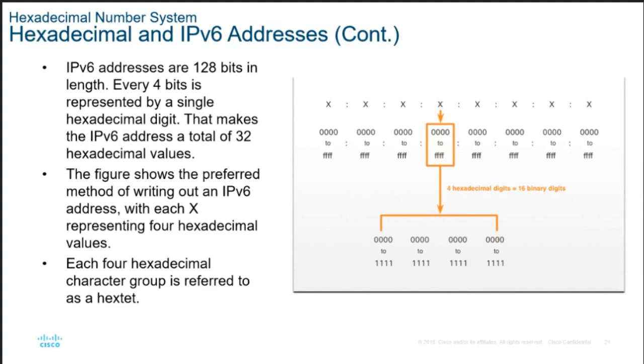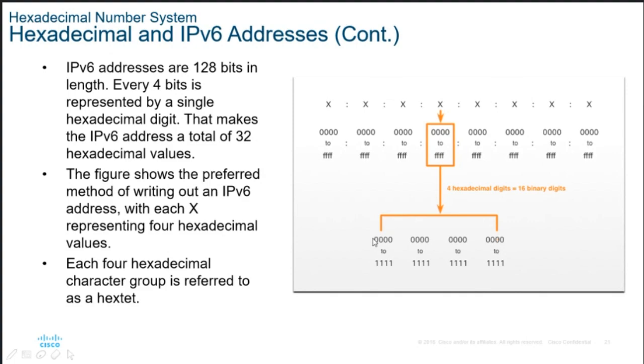So the figure nito shows the preferred method of writing out an IPv6 address. Each X, makikita yung X ito, represents 4 hexadecimal values, which is equal to 16 binary digits naman.